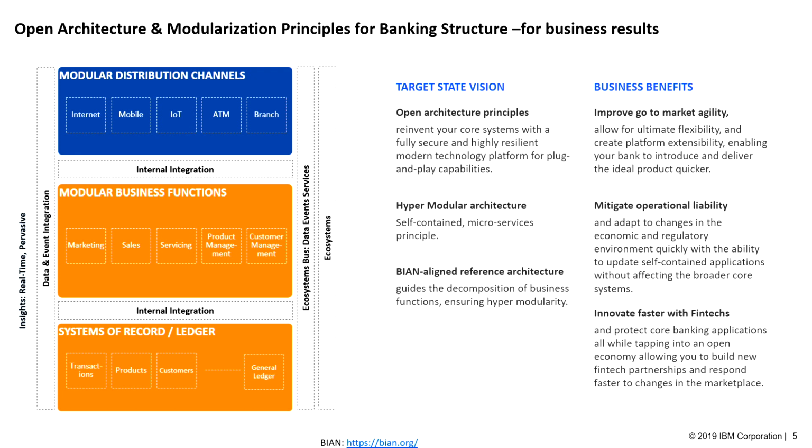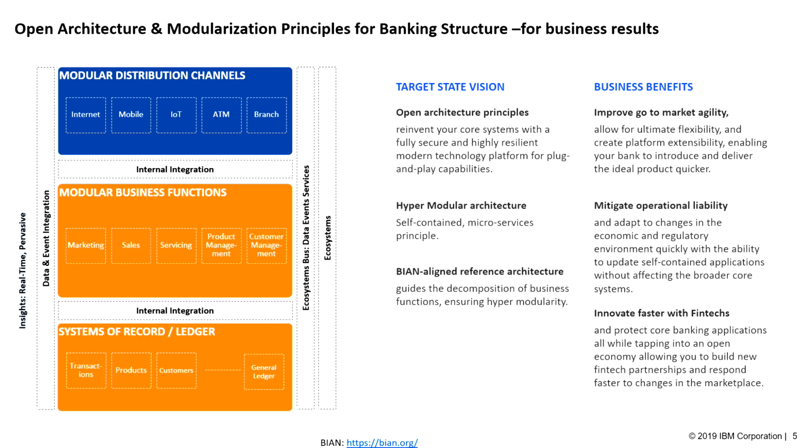And then, of course, at the top, there are the channel-oriented layers that deal with how a consumer orients themselves with the bank. The value of this is a more open architecture, a fabric that's connected via microservices interfaces, providing more agility to move capabilities around based on best fit. The idea is to do that transformation and get the agility while minimizing your operational risks and your liabilities at the same time.